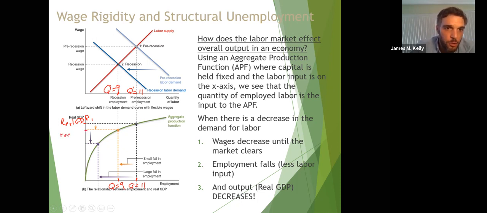This is going to reduce output to some value. So the decrease in the demand for labor is going to lead to fewer people being employed, which is going to lead to less of a labor input, which is going to drive down output.